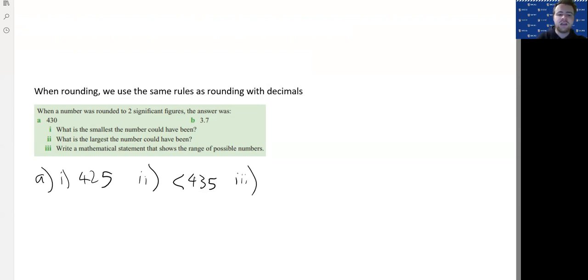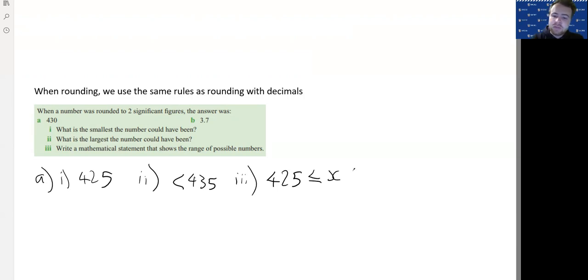And then for part 3, our mathematical statement is going to be: we've got 425 as the smallest boundary, and our number, which we're going to call x, is greater than or equal to 425. It's greater than because it's on the greater side of this symbol, and it could be equal to as well.